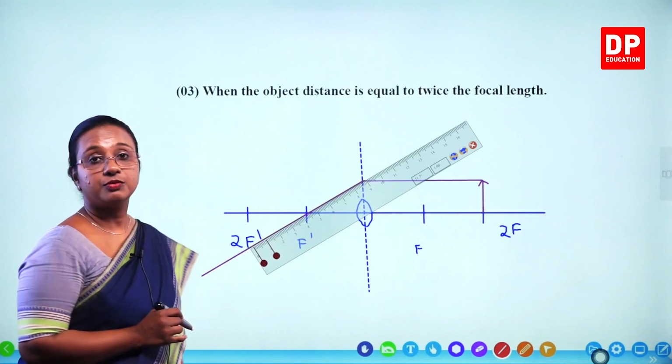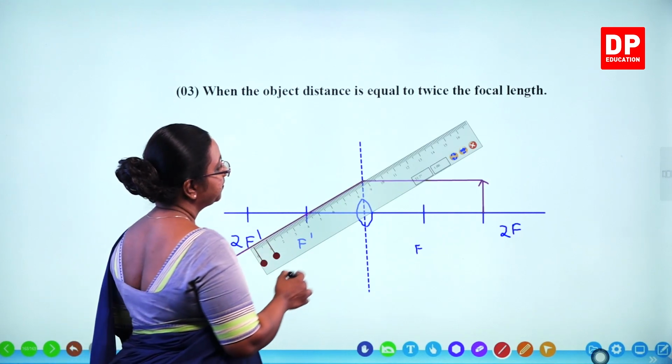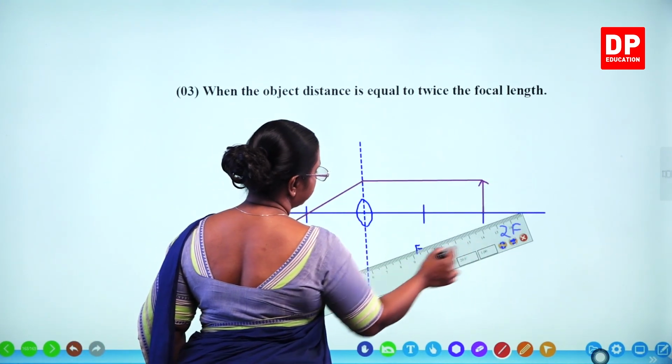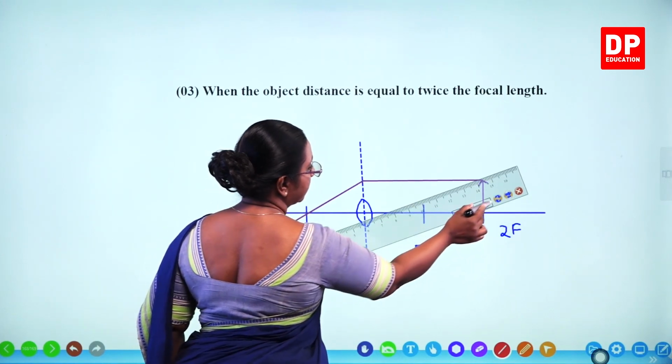Then we use a ray that is coming through the optical center.